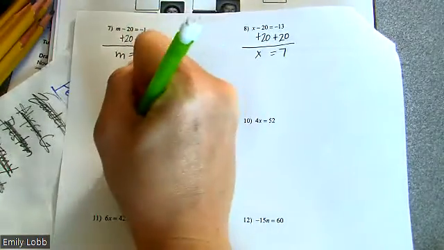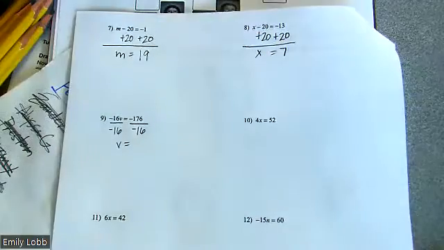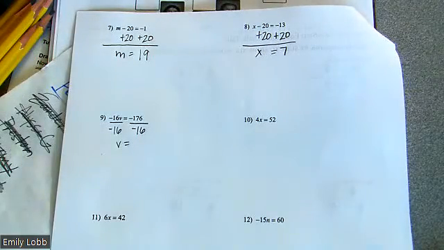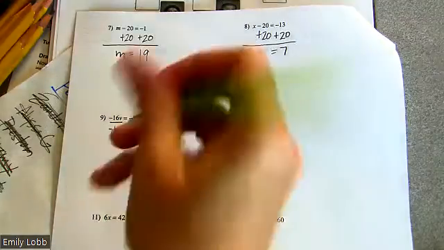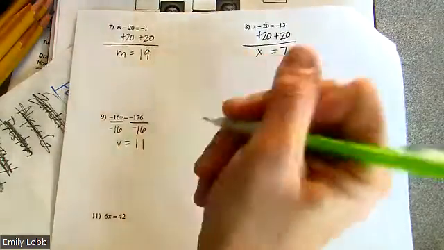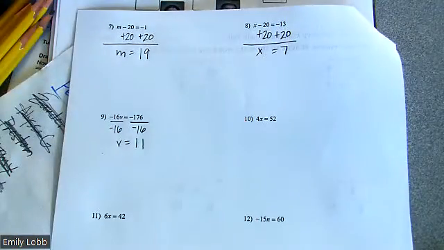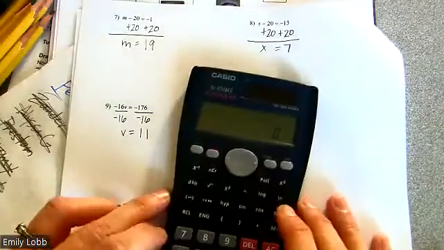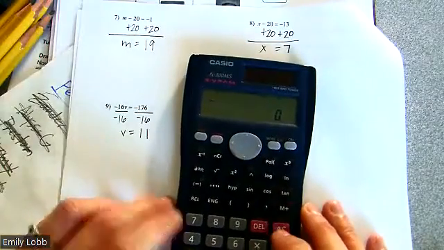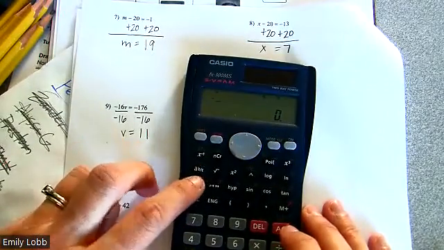Did you guys put this one into your calculator? No, what'd you get? 11. 11 times 16 is 176. And it's positive. So if you were using a calculator and you wanted to check that out, I think I brought all the broken calculators over here. Let's see if this works. You can use this negative sign.